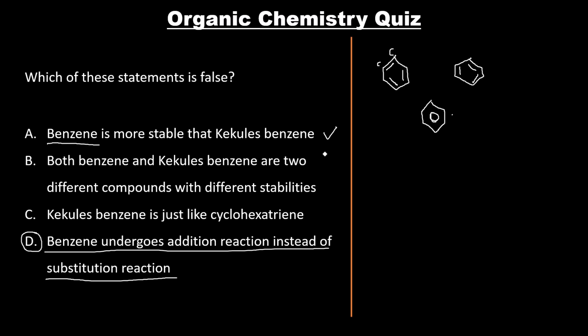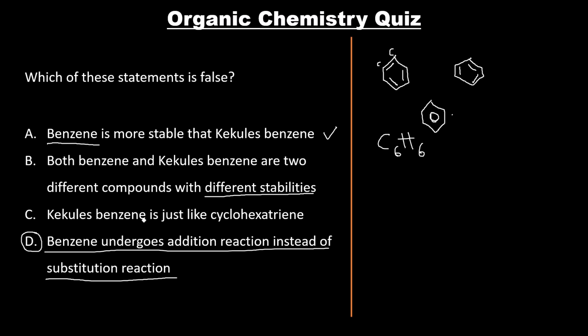Now, if you look at B, both benzene and Kekule benzene are two different compounds with different stability. We know that this side of the statement is true. They have different stabilities. And then the first part of the statement, benzene and Kekule benzene are two different compounds. Actually, they are entirely different ways of representing the same compound, which is C6H6.